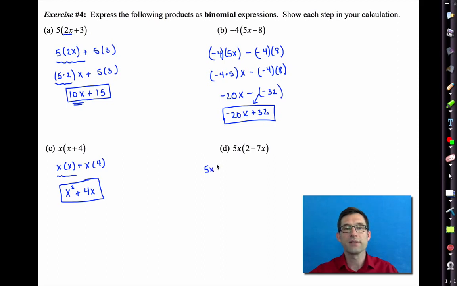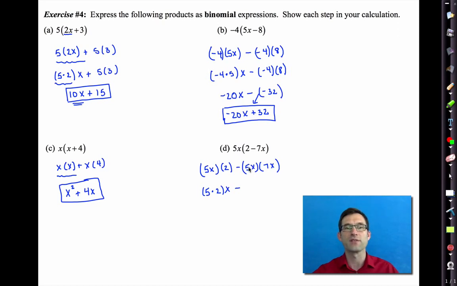We'll have 5x times 2 minus 5x times 7x. All right, watch me use the associative and commutative properties of multiplication all at once. So I'm going to put the 5 times 2, and we'll bring that multiplication by x here. Watch this. Look at all this multiplication.